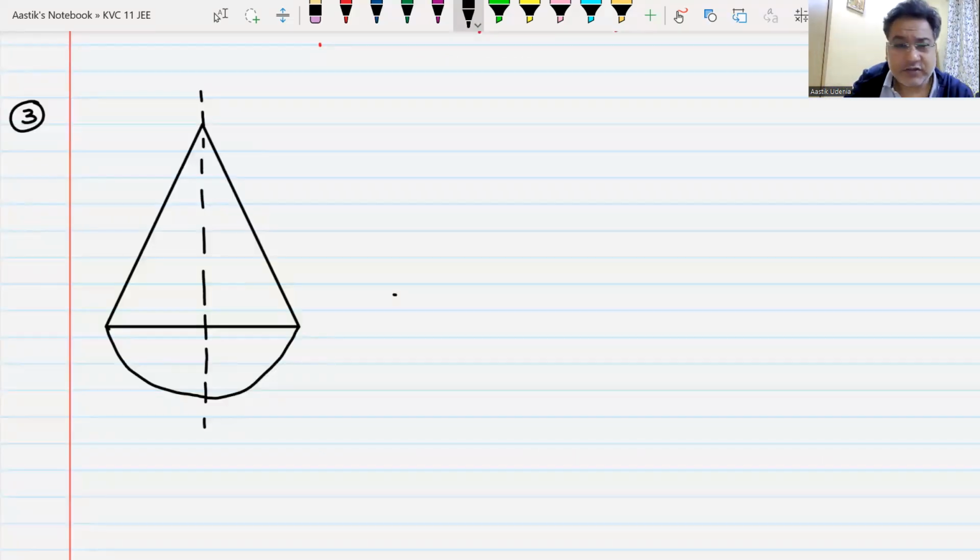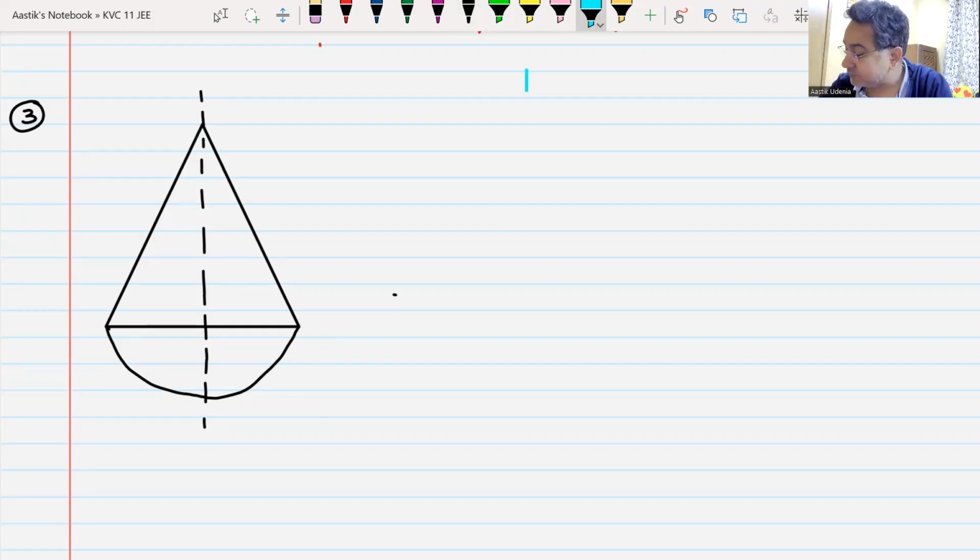So this is the next question that I have created. This is a composite figure made up of the same material.